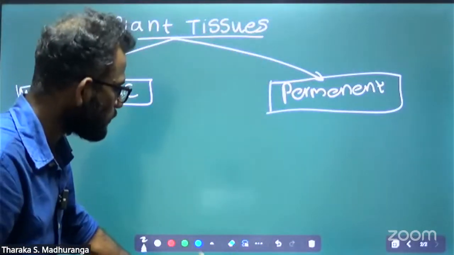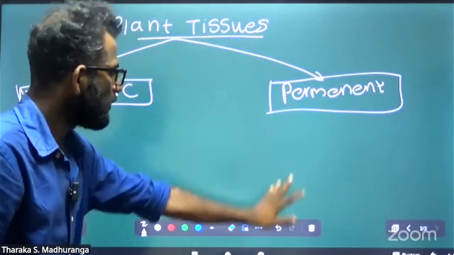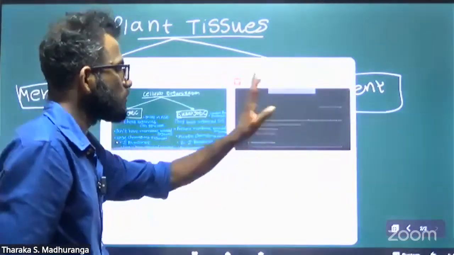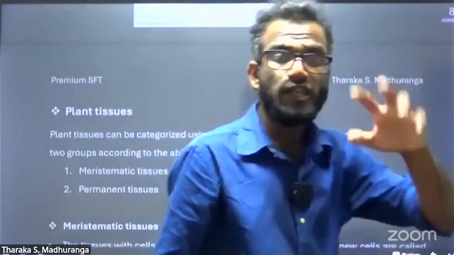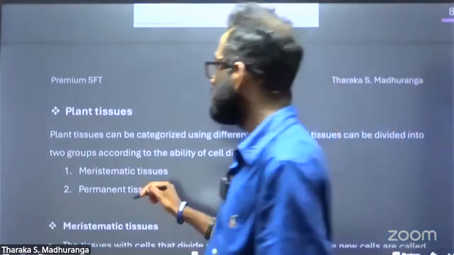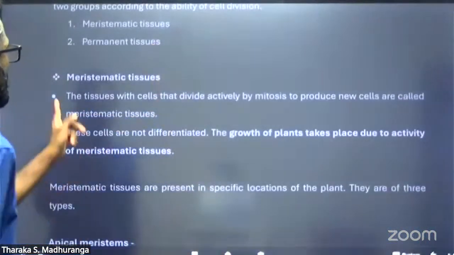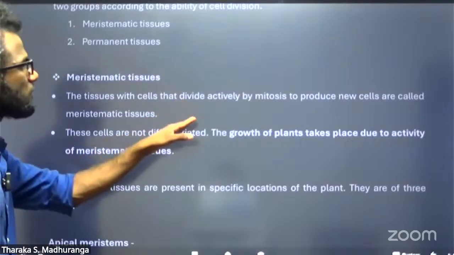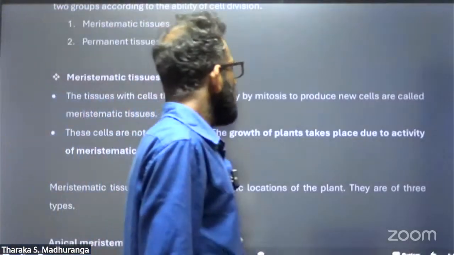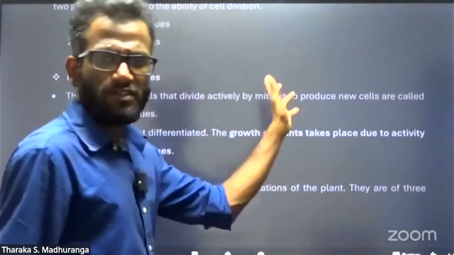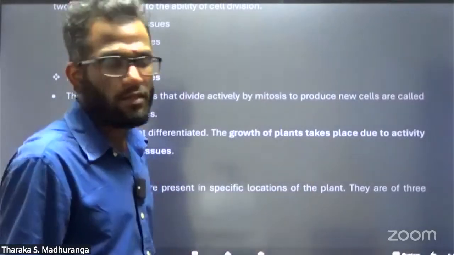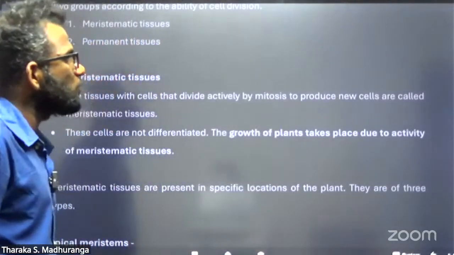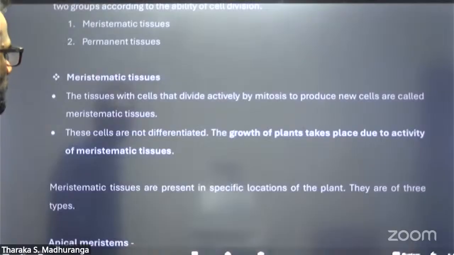If you go to the tute, you can read what is the meaning of the meristematic tissues. Last day I explained, still they are growing, still cell dividing and still growing. The tissues with cells that divide actively by mitosis. The mitosis is a cell dividing method. The mitosis to produce new cells are called as meristematic tissues.